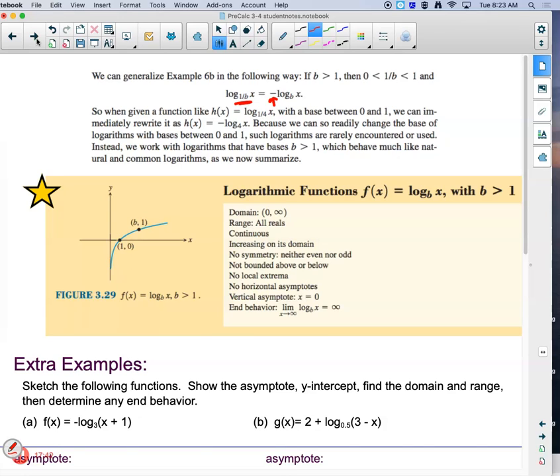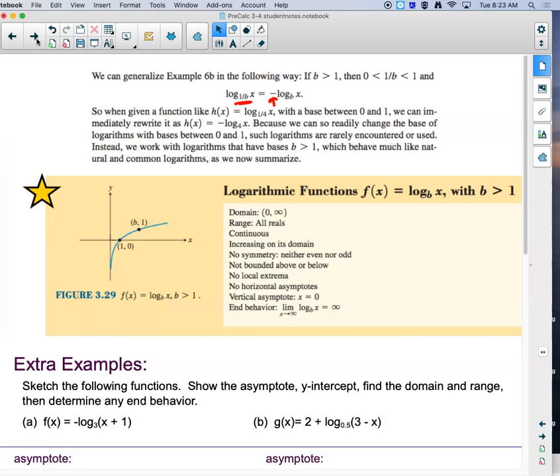And for more complicated examples, that is absolutely a good idea. You absolutely should do that for more complicated examples. And that's where we're going, so we want to think about that in advance. So when given a function like h of x equals the logarithm base 1/4 of x with a base between 0 and 1, we can immediately rewrite it as h of x equals negative logarithm base 4 of x.